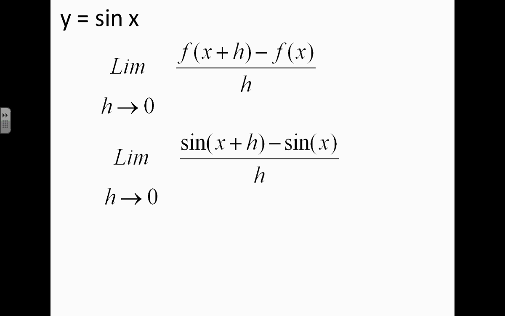What is the trigonometric sum identity for sine? Very good. It is the sine of x cosine of h plus the cosine of x sine of h.